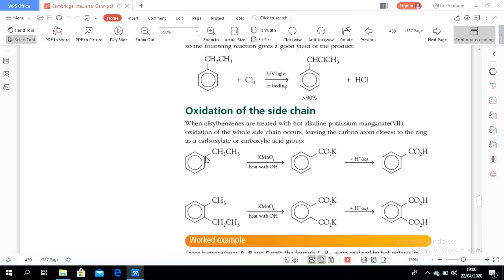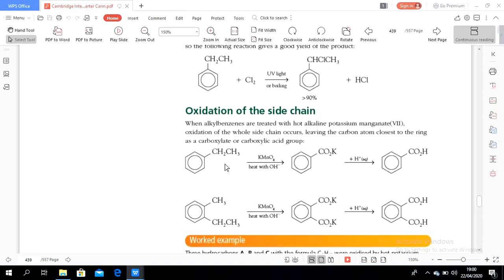So this one, alkylbenzene, this is ethylbenzene. When it reacts with potassium manganate in alkaline, hot condition, it will oxidize this one.